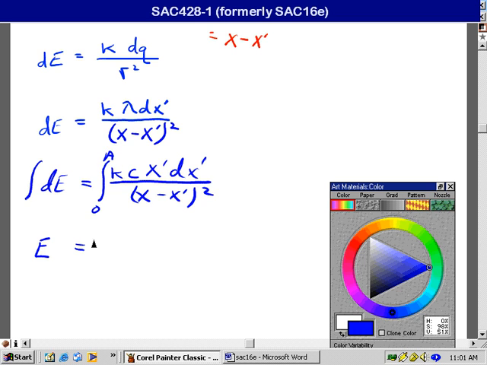This is a constant, so I can factor it out. That's K times C times the integral from 0 to a of x prime dx prime, all divided by x minus x prime, squared.